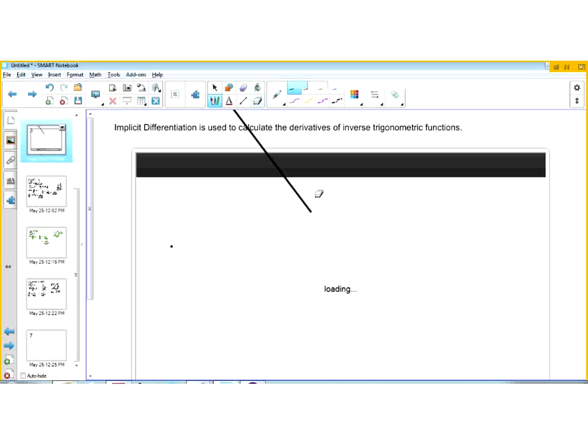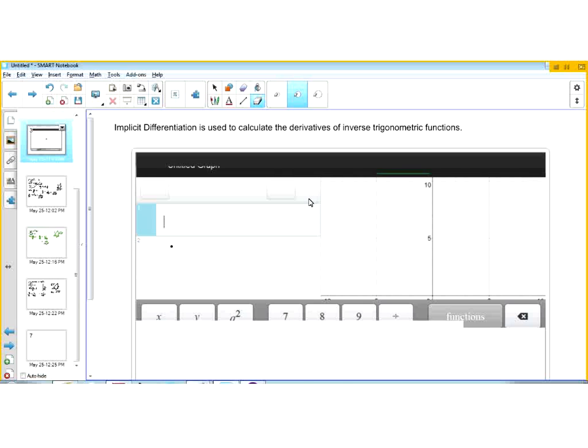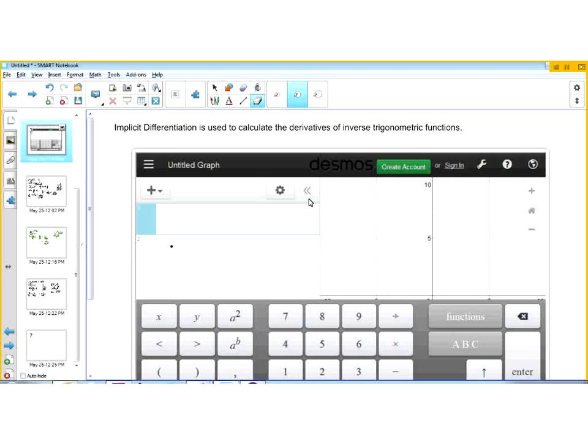So erase. Okay, so now we're going to calculate the derivative of the secant function.